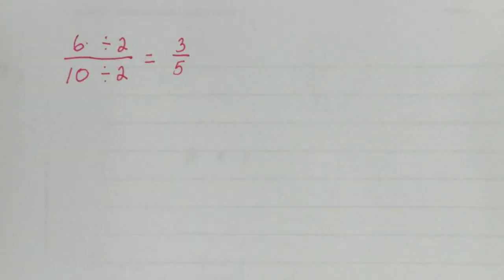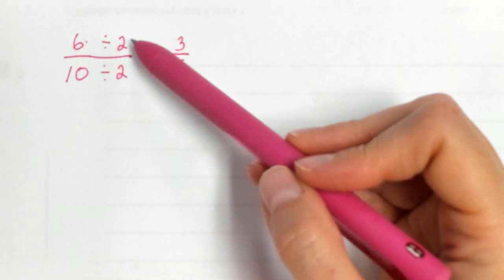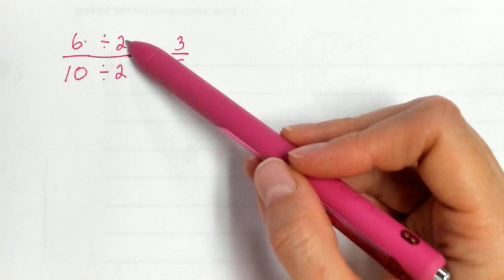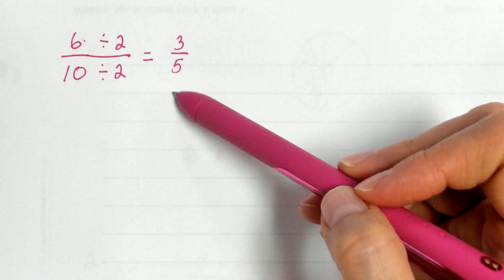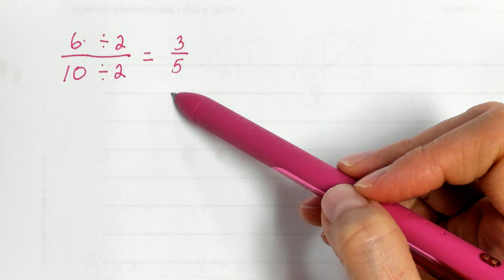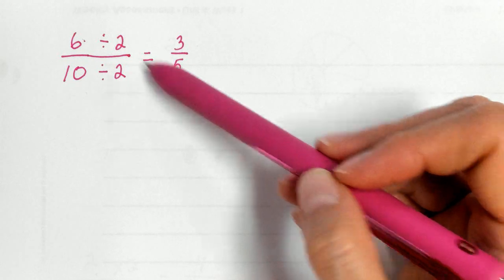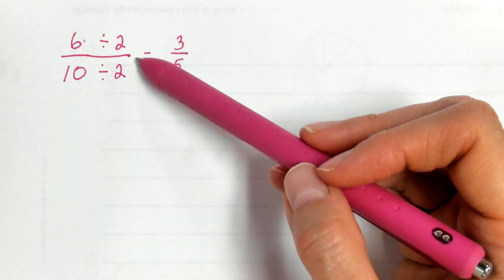Why, Jeremiah? Okay, where are you confused? Okay, let's go with this. Do you understand that if I divide a fraction by the same number, the numerator and the denominator by the same number, I get an equivalent fraction? Yes? Okay. Are you confused about why I chose 2?